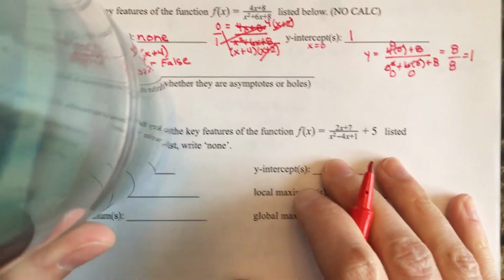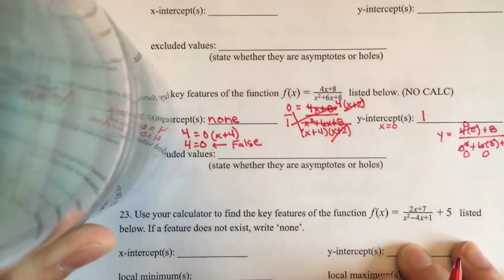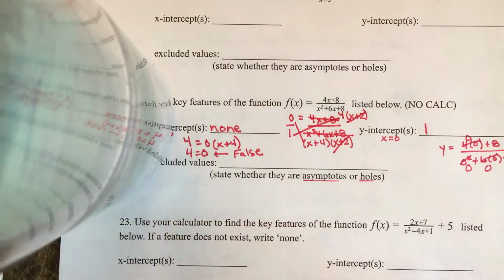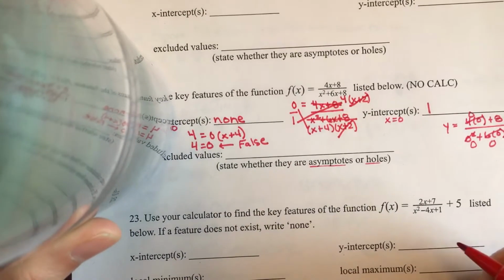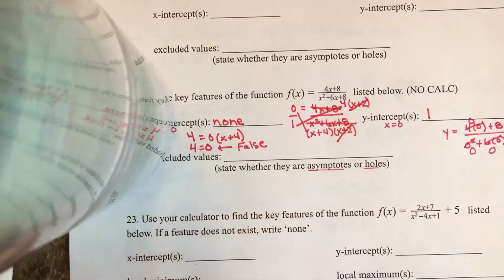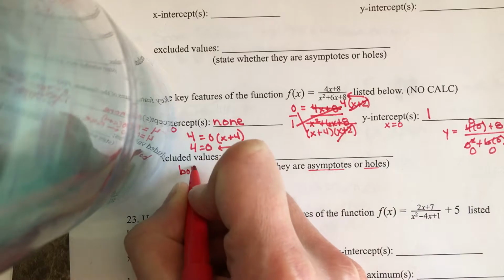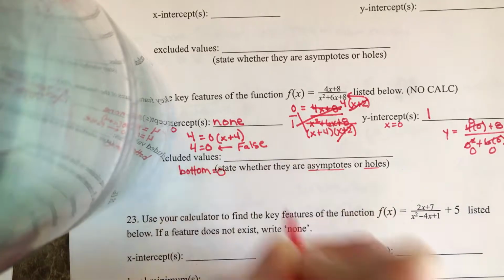The last thing we'll find here are the excluded values for our function. So remember that excluded values are asymptotes or holes, places where our graph does something strange. So to find our excluded values, we focus on the bottom of our function. Excluded values come from when the bottom equals 0.